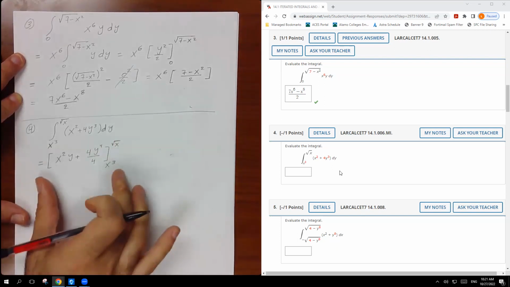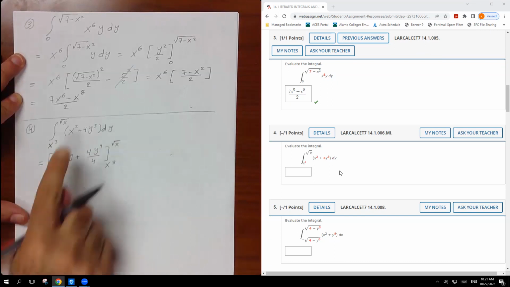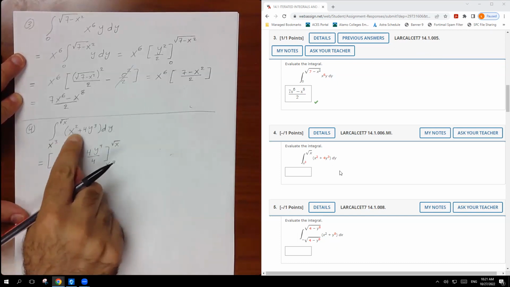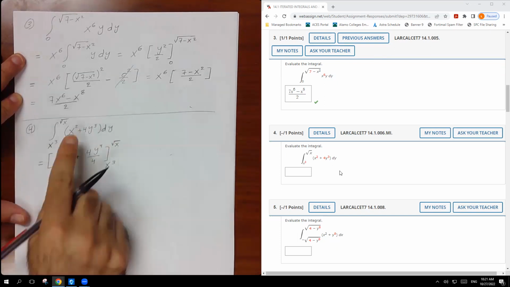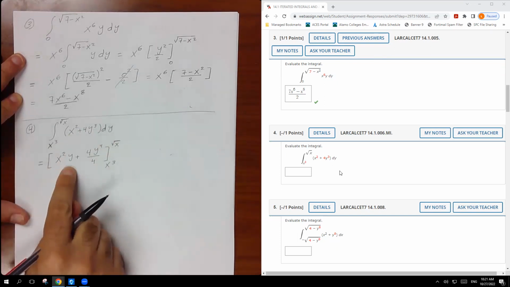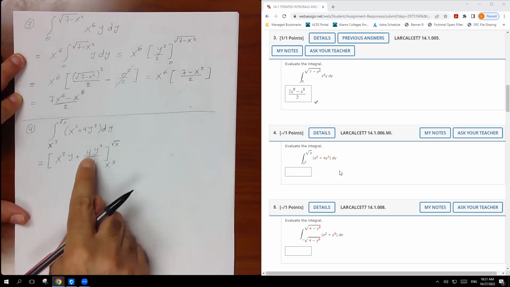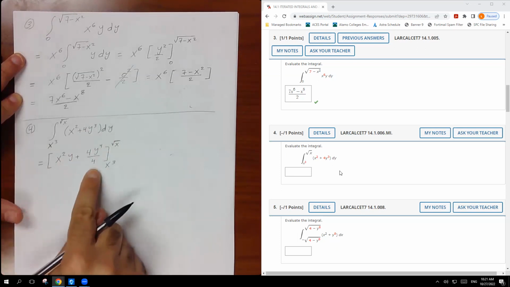This is the shortcut. I'm going to do the integral right away. This is a constant, which means there is a 1 here. The integral of 1 with respect to y is y. Now for 4y cubed, the integral is 4y to the power 4 divided by 4.